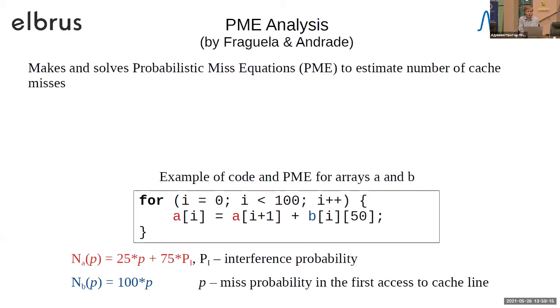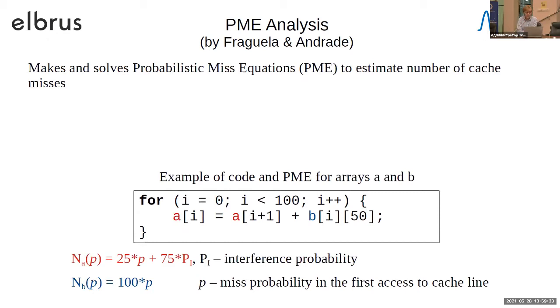Second approach is done by Fraguela and Andrade from University of Coruña. It is based on making and solving probabilistic miss equations, which estimate number of misses.